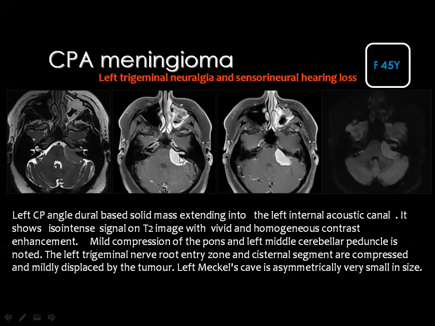Then how can you predict the diagnosis? There are several factors. Number one is that the extension of the tumor inside the internal canal is secondary, meaning that the internal canal is intact with normal size and regular cortical outline.